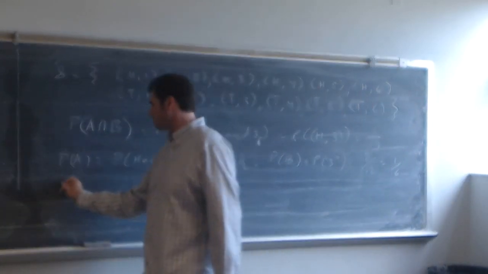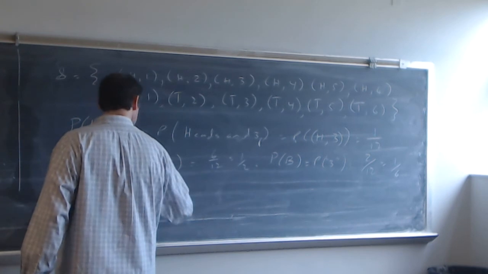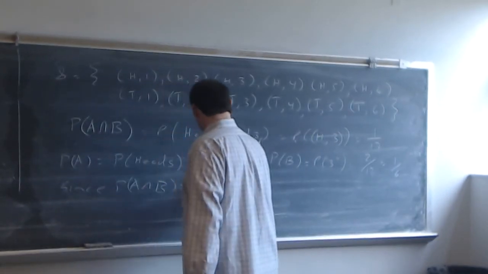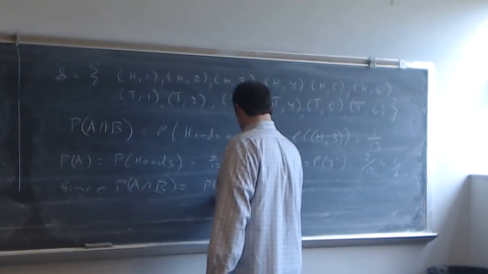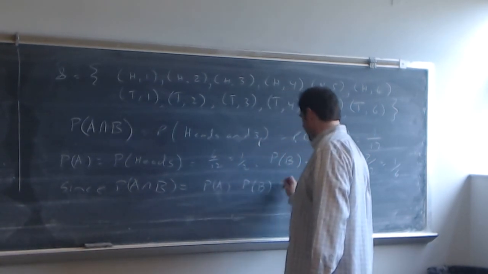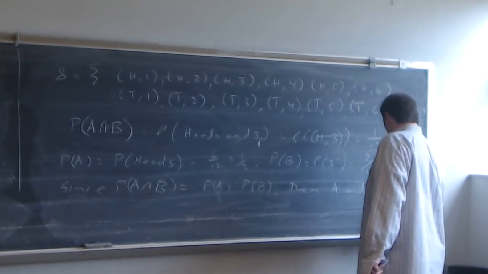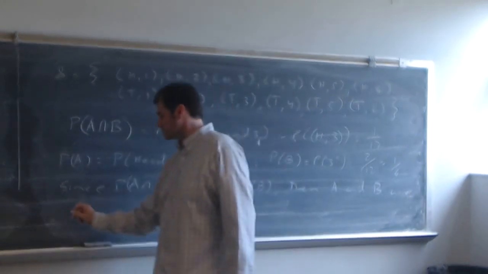So since the probability of A intersect B in this case, which is equal to 1/12, equals the probability of A, which is 1/2, times the probability of B, which is 1/6, then A and B are independent.